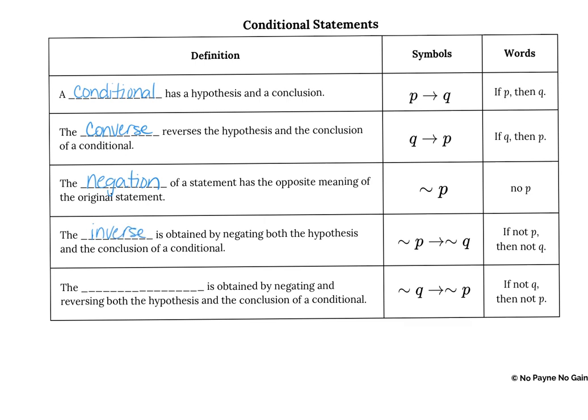In our inverse, we get that by negating both the hypothesis and the conclusion. So not P and not Q. So if not P, then not Q.